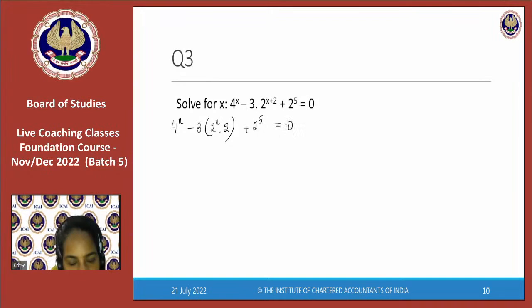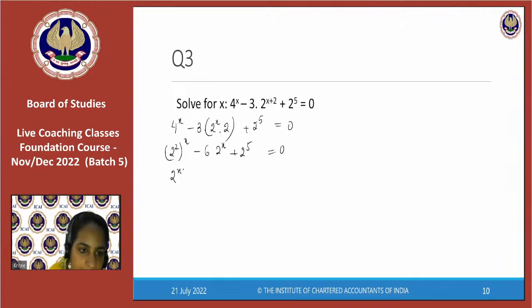Okay, I'll take it as 2 raised to power 5 only. 4, can I write 4 as 2 square raised to power x, minus 3 into 2 raised to power x plus 2, plus 2 raised to power 5, is equal to 0.